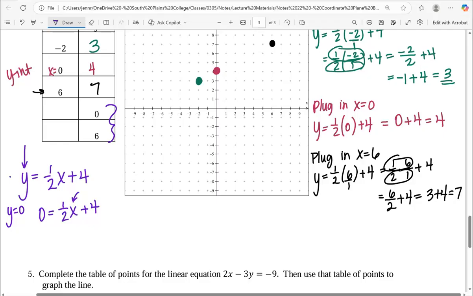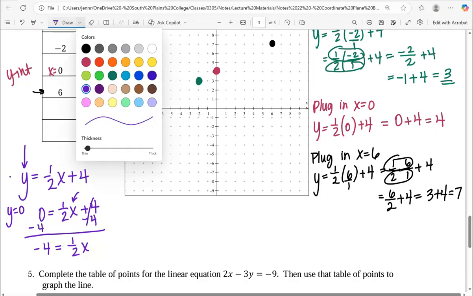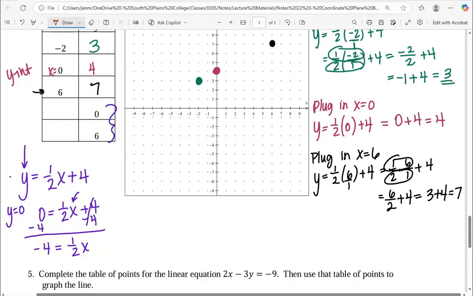So just as we've done before in the solving process, I first undo the plus 4 by subtracting it to the other side. Gives me -4 equals 1/2 x. Next up, how do I get rid of a 1/2? Well, I multiply by 2.